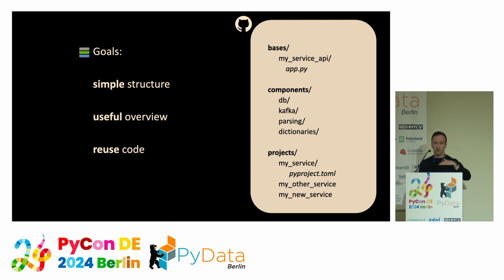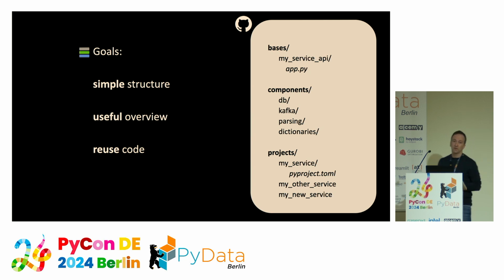Oh, there's something with Kafka, and I need it in the thing that I'm going to develop. I'm going to check that out. And the same thing with the projects. If you expand the projects folder, you will directly see all the services that are built from this monorepo. So just by having this structure, you will have a really nice overview.